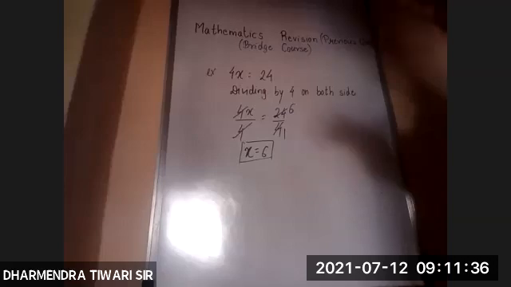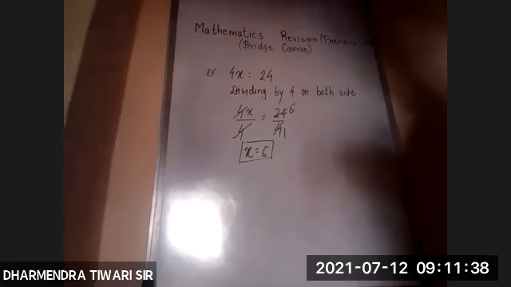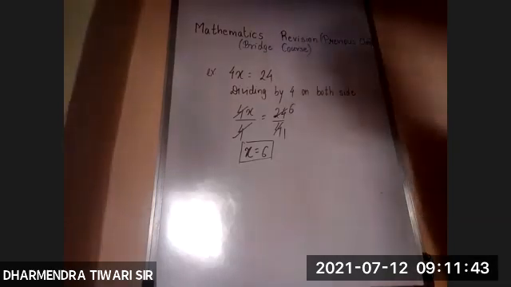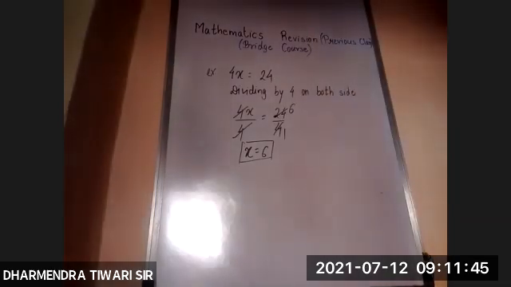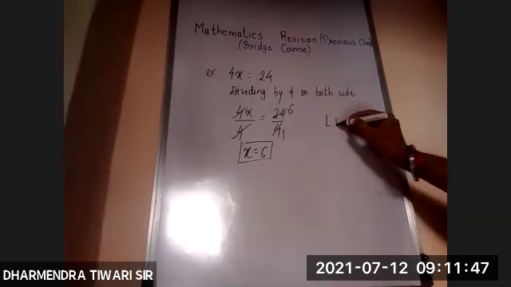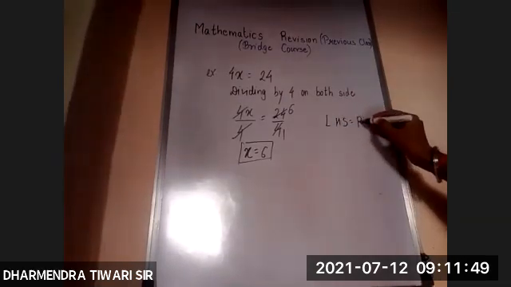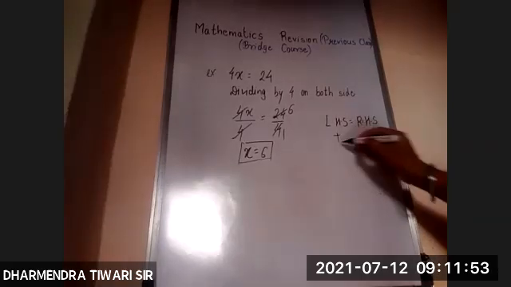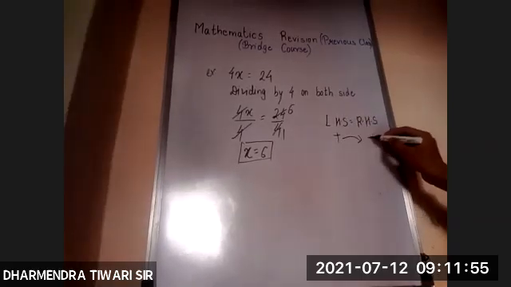So the basic concept that we have learned here is very important. Left hand side is equal to right hand side. Any number in the form of plus, taking to the right hand side will take the form of minus.